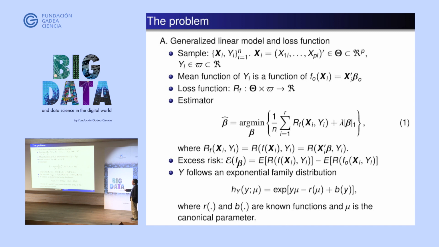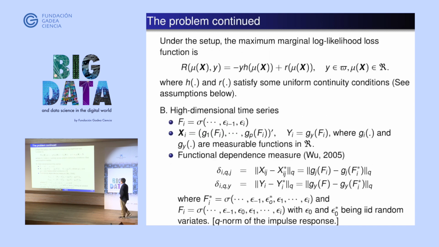The distribution of y follows an exponential family, the general type of exponential family distribution. These r and b are known functions. This mu is a canonical variable, and so on. So the loss function is fully general. We put it in this way. These h and r depend on the distribution function. This h is another function that depends on the mean. Those have to satisfy some type of uniform continuity condition. We'll mention that in a moment.